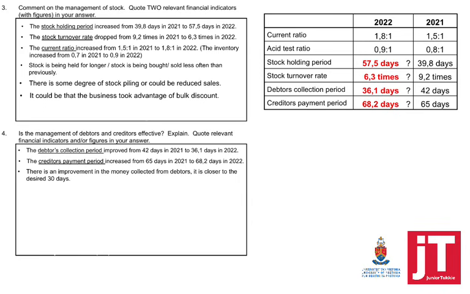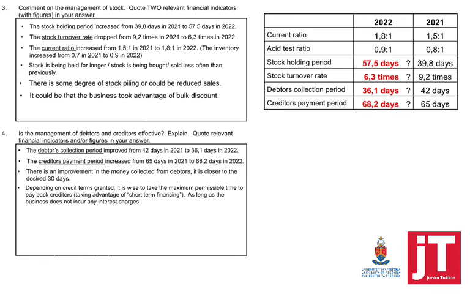When we're now commenting on the debtors and we're specifically looking at the debtors, that is an improvement. It's much closer to the desired days of 30 days. When we're looking at our creditors payment period, we want to pay our creditors after we have collected money from our debtors.